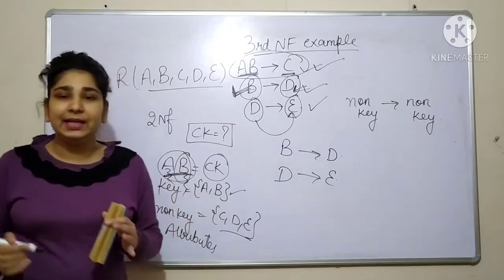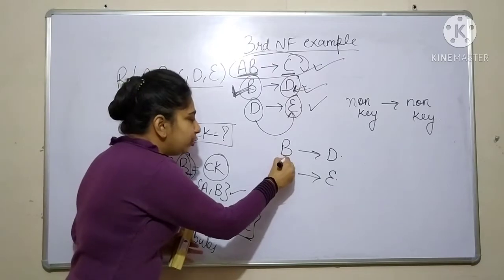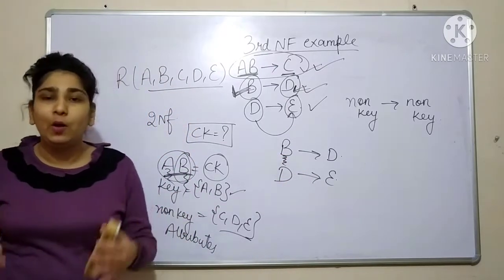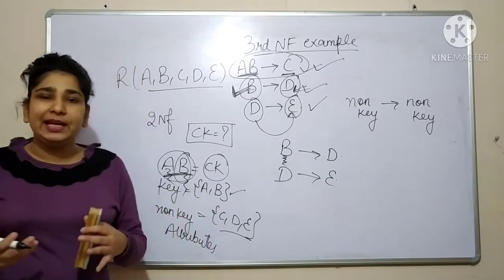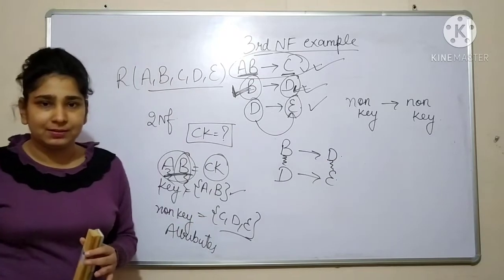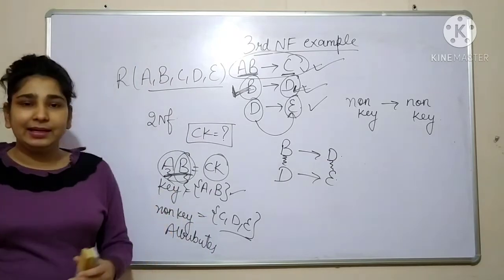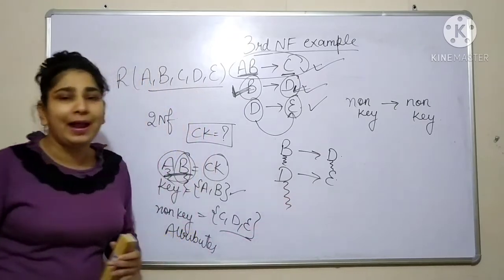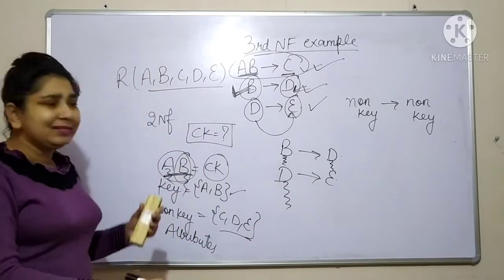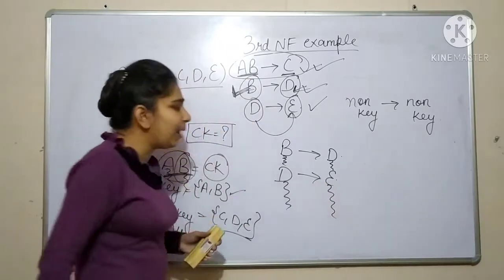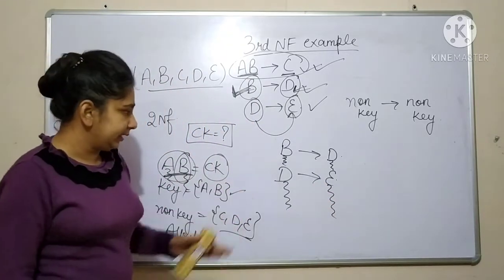It means that wherever you find duplicated values in attribute B, we will also find duplicated values in D at the same positions. Similarly, at the positions where you find duplicated values in attribute D, you would find duplicated values in attribute E at the same positions.